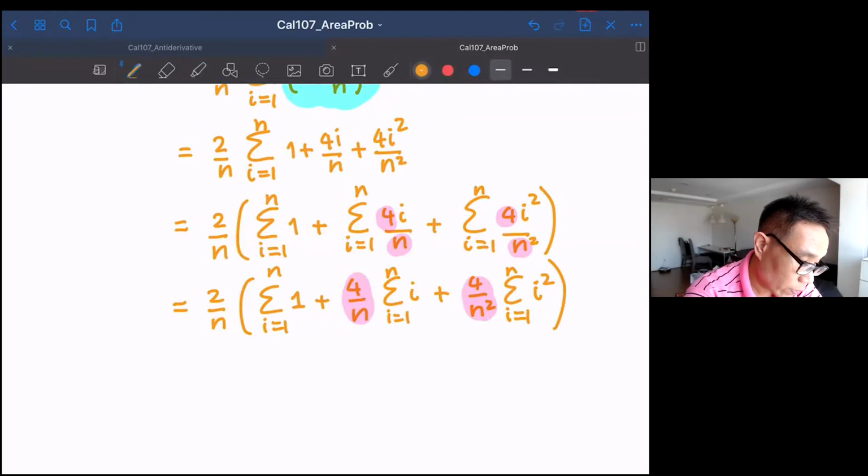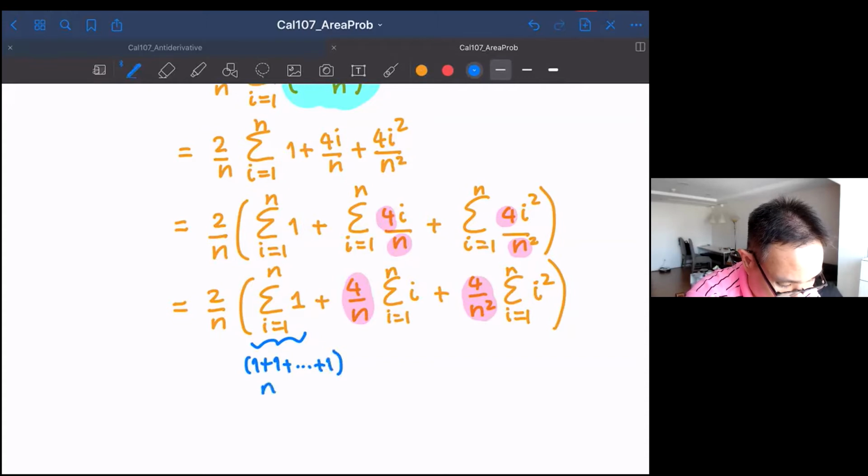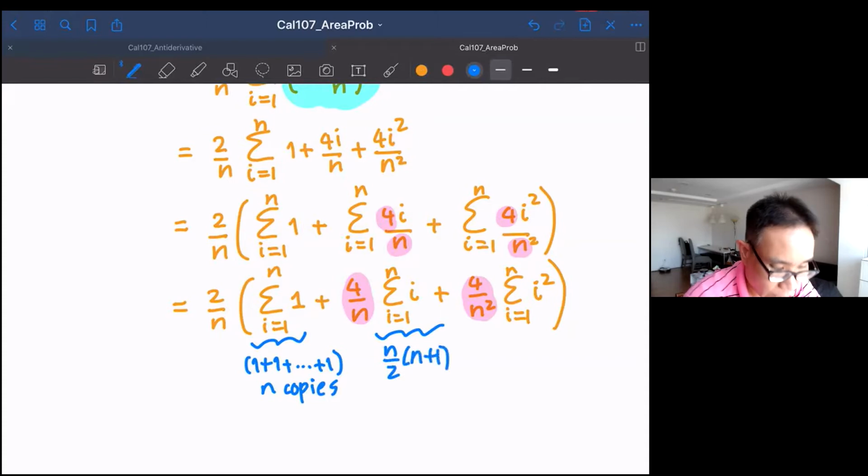And we know that the sum from i equals 1 to n of 1 is going to be 1 plus 1 plus 1, n copies. And for this guy, it's going to be n over 2 times (n plus 1).